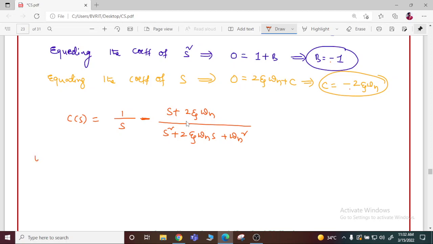For this, let us add and subtract zeta square into omega n square in the denominator of the above equation.